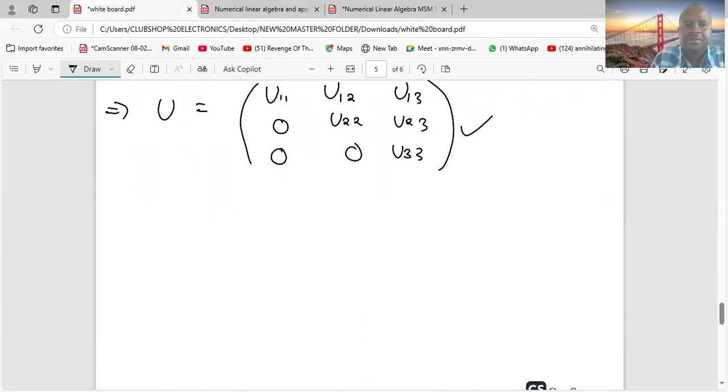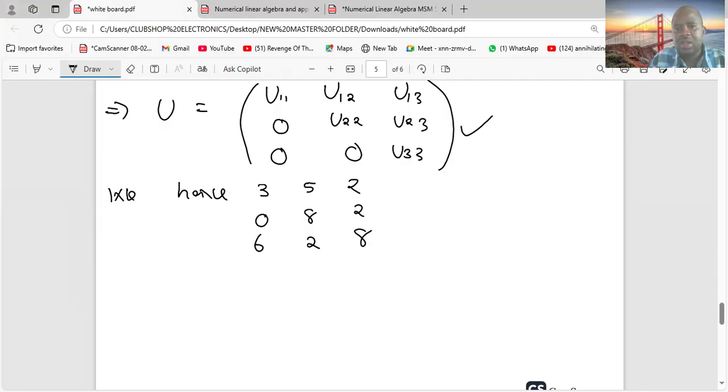Now, we have this matrix: 5, 3, 5; 0, 8, 2; 6, 2, 8. So we are going to execute a process of coming up with the upper triangular matrix.